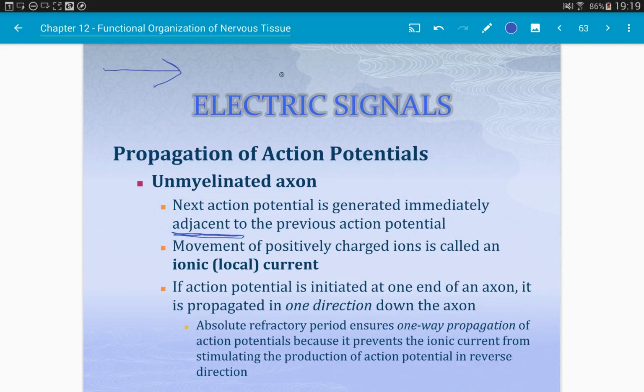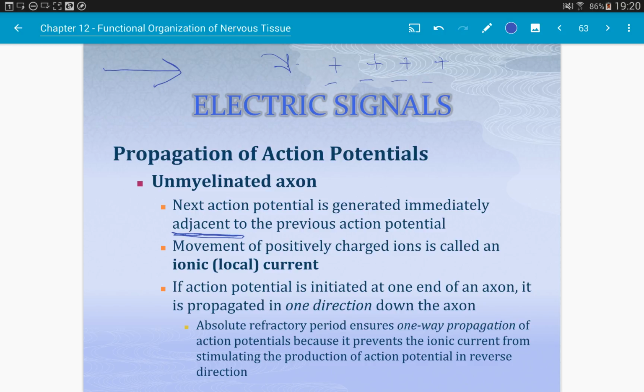So if this is the plasma membrane, okay, first of all, what is the charge right on the inside? What should it be? Negative, right? Ooh, I can finally draw a little bit. And then right outside is positive. And so what happens with an unmyelinated axon, if we get a stimulus right here and we have depolarization, ooh, that's so cool.